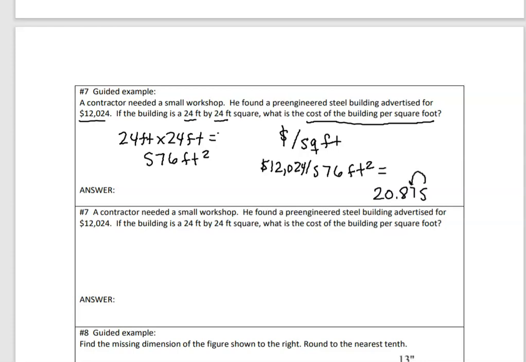The 5 would make us round up. We're talking about money here, so we're probably going to round up. You want to pay attention always that you round to whatever they tell you to round the answer to. So $20.88, if we're going to round up, dollars per foot squared.